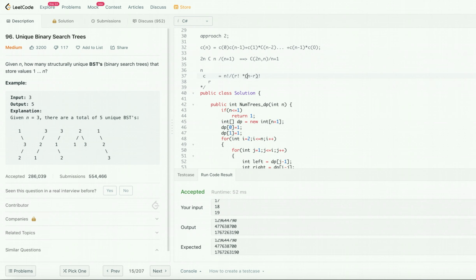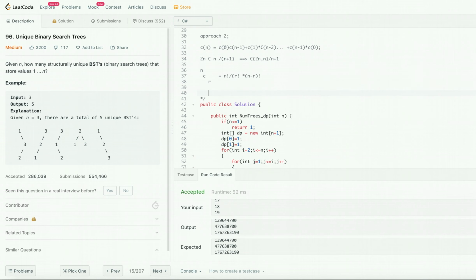Okay. So NCR. So now we are going to write this 2NCn by n plus 1 in this format. By following this formula, n is here 2n, r is n. So there is n plus 1 anyway that we need to put. So in place of n there is 2n.